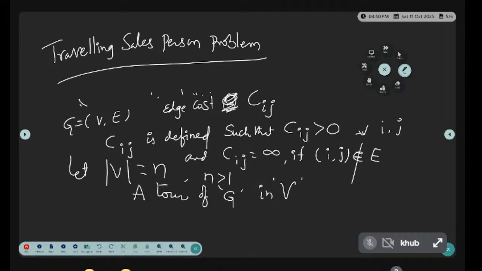The cost of a tour is the sum of the cost of the edges.